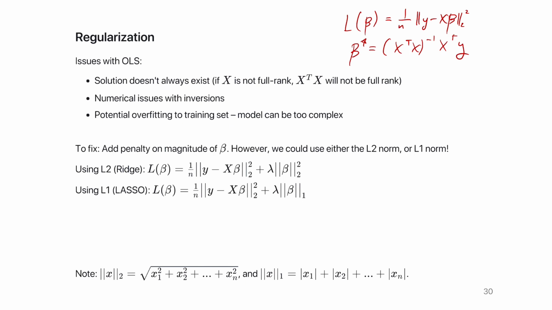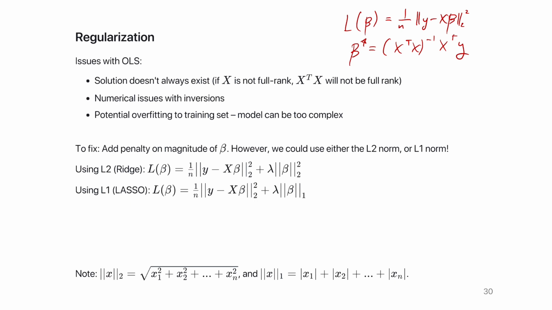That's something that we get with ridge regression, which is what we're going to start talking about. Essentially, in order to fix all of these problems, we add a penalty on the magnitude of beta, and conveniently, it solves a lot of these problems for us. We have a choice of what vector norm to use when adding this penalty. There are two types, and they correspond to two different types of regularization.